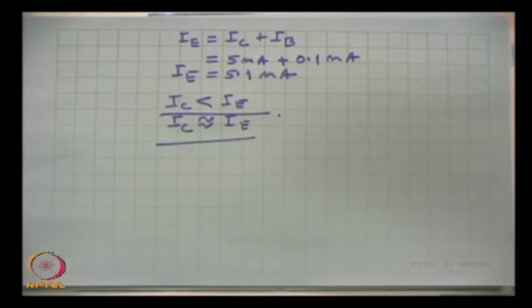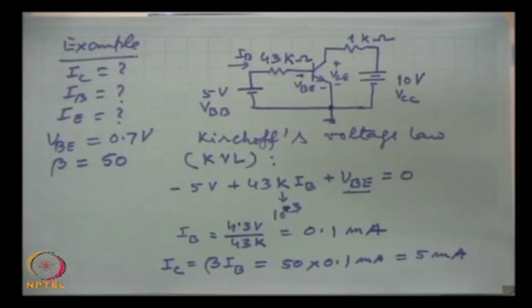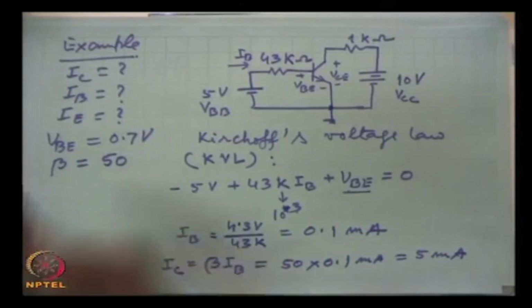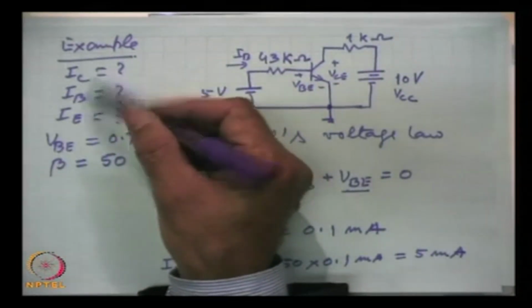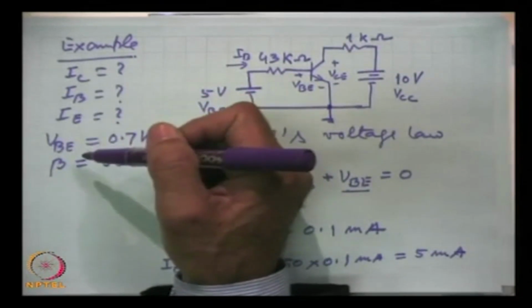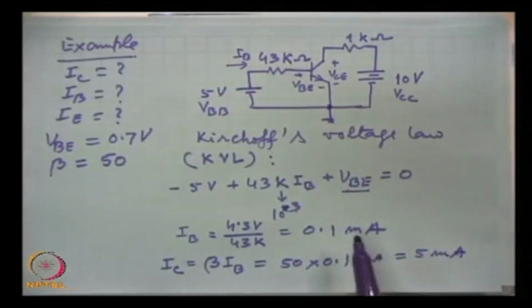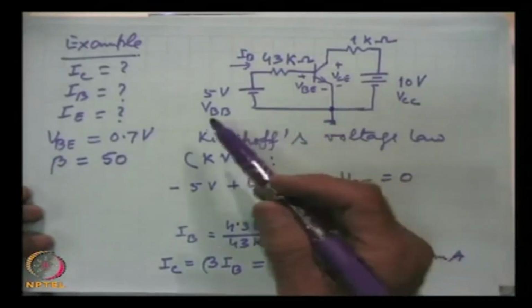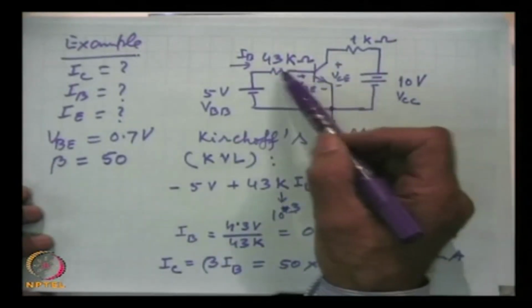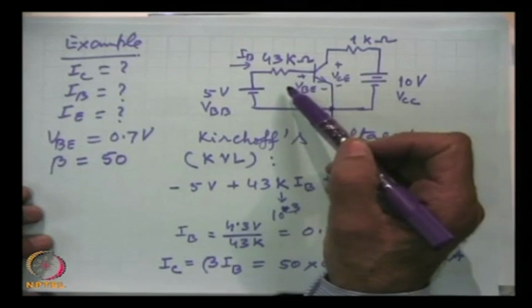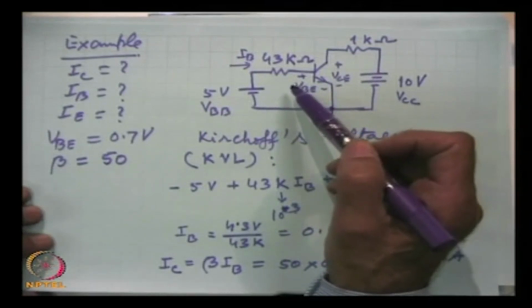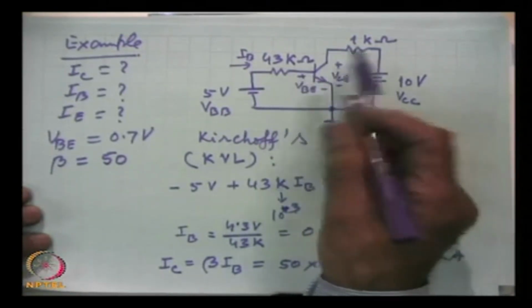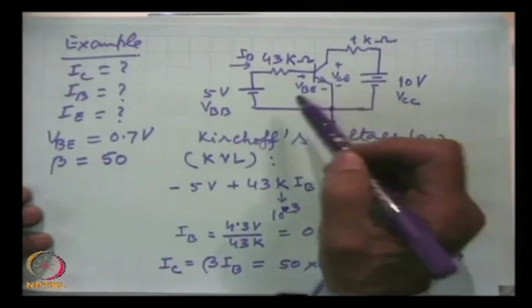So, I have taken this example to illustrate a few things. Often we will be required to calculate the currents, so how to calculate the currents in a circuit, and another purpose was to show you what order of resistances we have to use in transistor circuits.